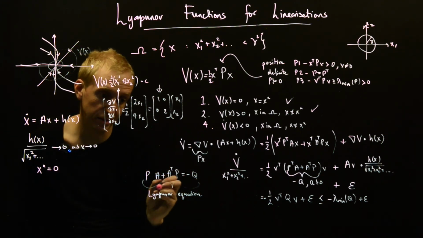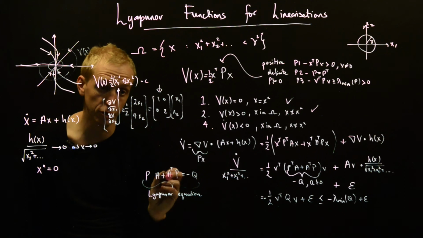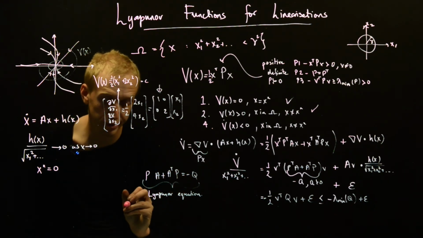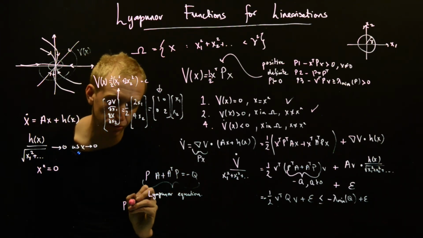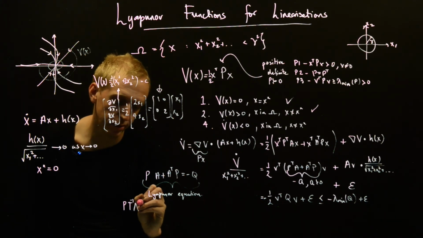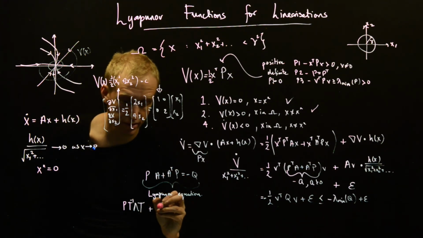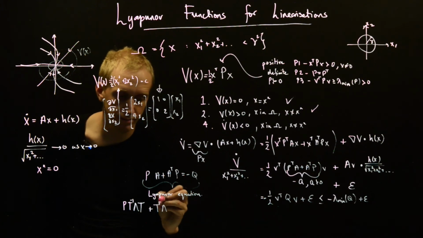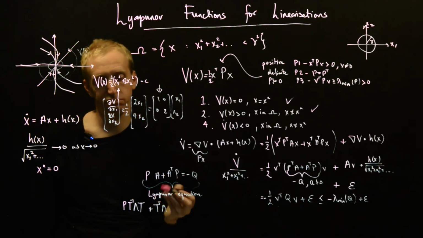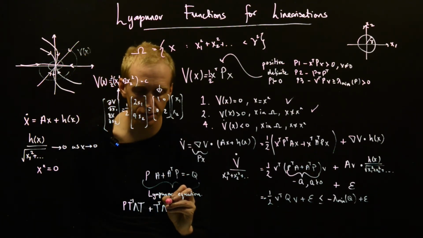So if A has an eigenvalue decomposition, and let's assume also that eigenvalue decomposition is real, then we could rewrite this equation as P T to the minus 1 lambda T plus T transpose lambda transpose T to the minus transpose P. Let's assume the eigenvalues are also real.